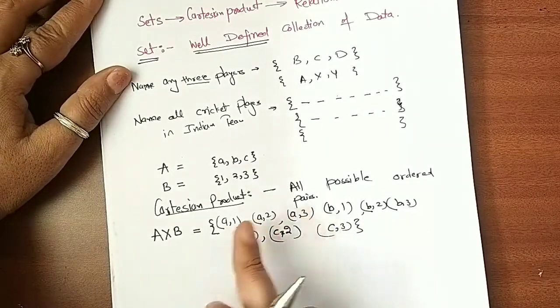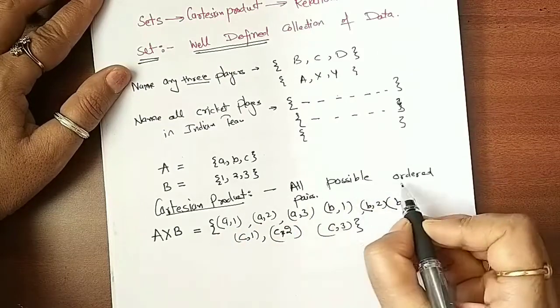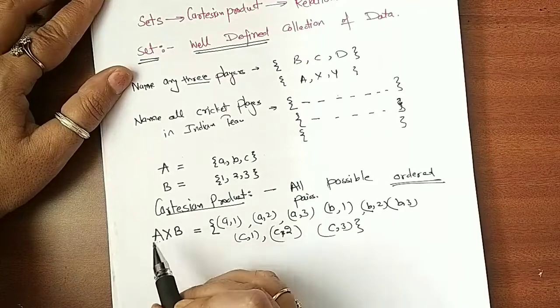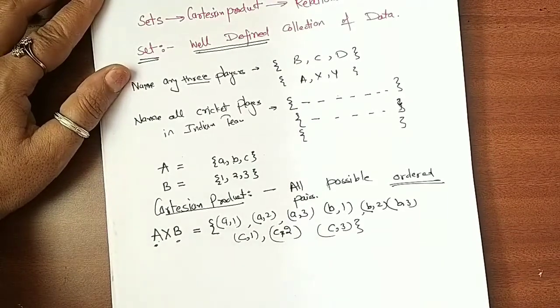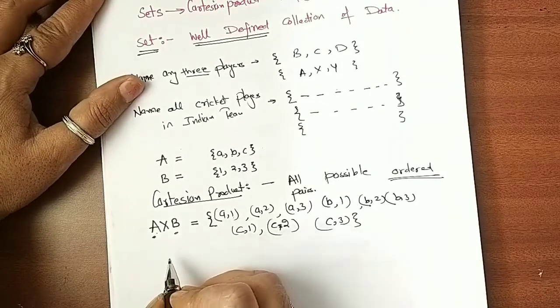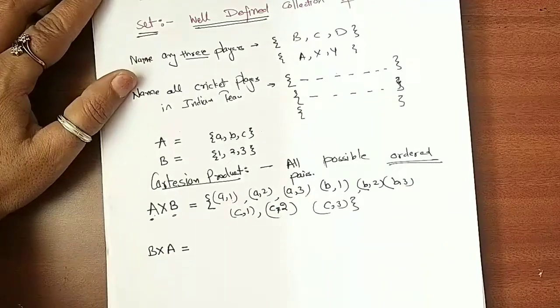Why do we call it a pair? Because there are two elements. And why do we call it ordered? Ordered because we take the first element from the first set and the second element from the second set. Okay, understood? Suppose I say you find out B cross A. So what will you do?